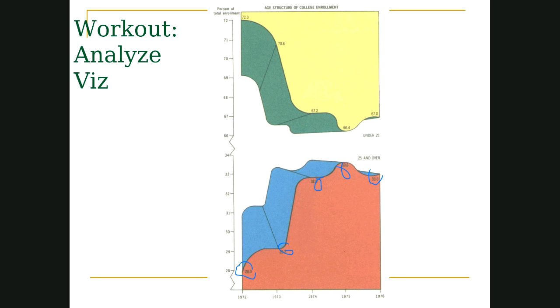Obviously, you have this many students 25 and older. By definition, everybody else is going to be the other 100%, whatever the complementary part is, and is going to be under 25, period. So really only 5 data points are expressed in this visualization. So the data to ink ratio is horrible.